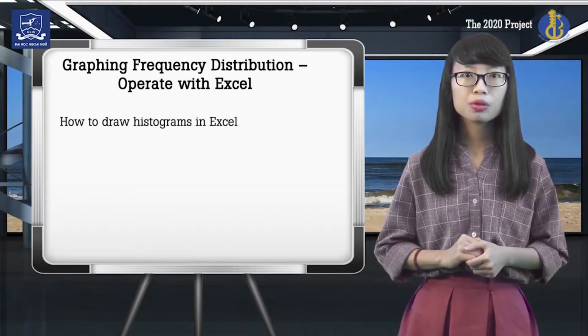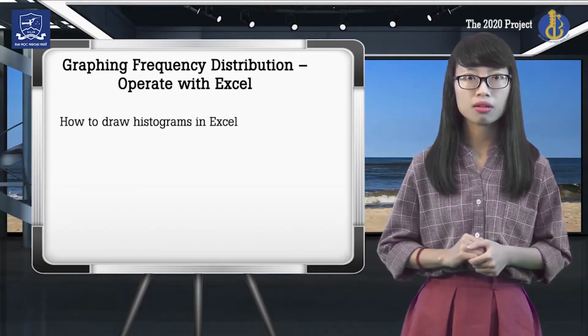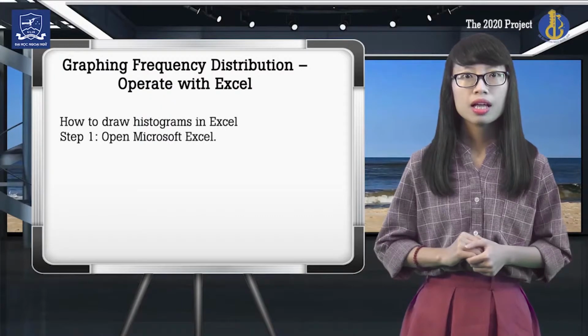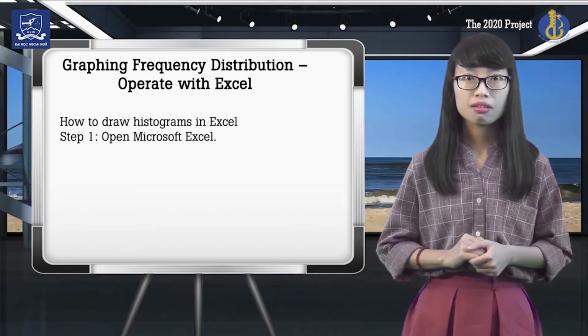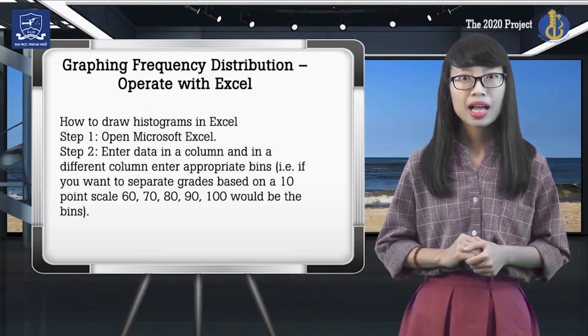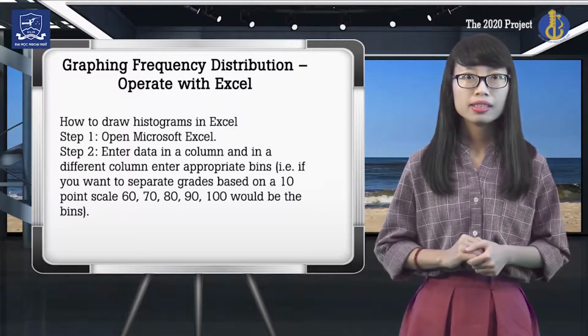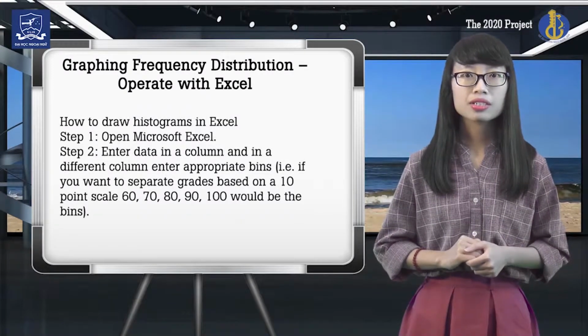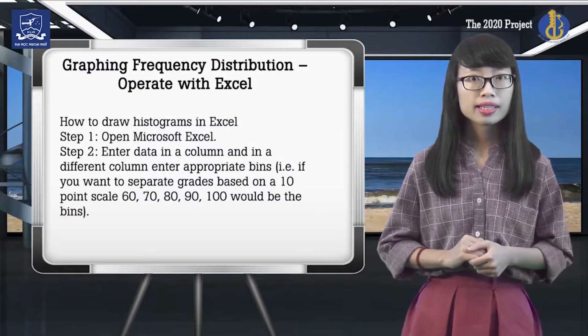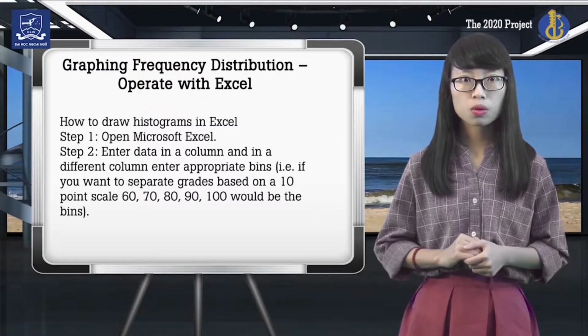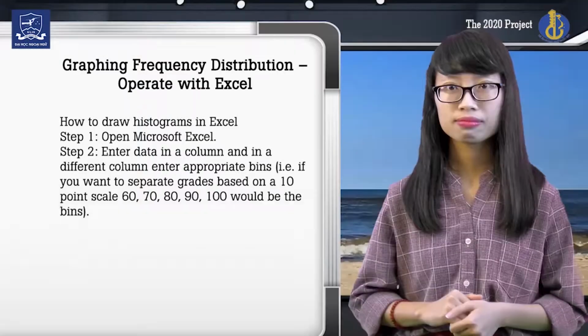I will show you how to draw histograms in Excel. Step 1. Let's open Microsoft Excel. Step 2. You have to enter your data in a column, and in a different column, enter suitable bin range, that is, all possible scores for the tests.